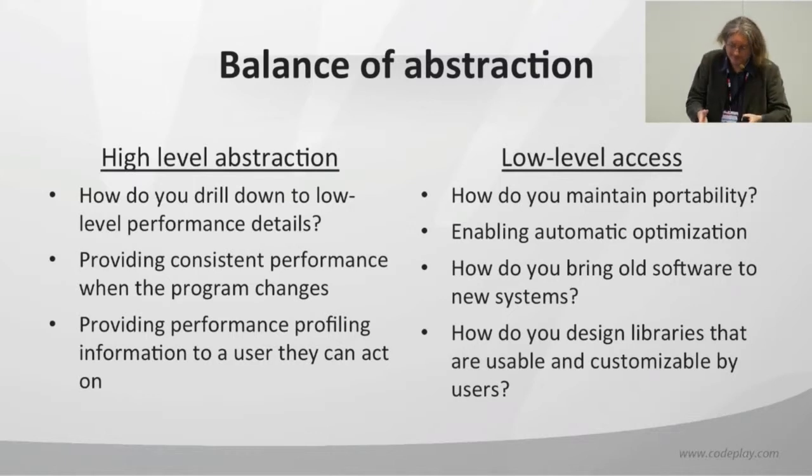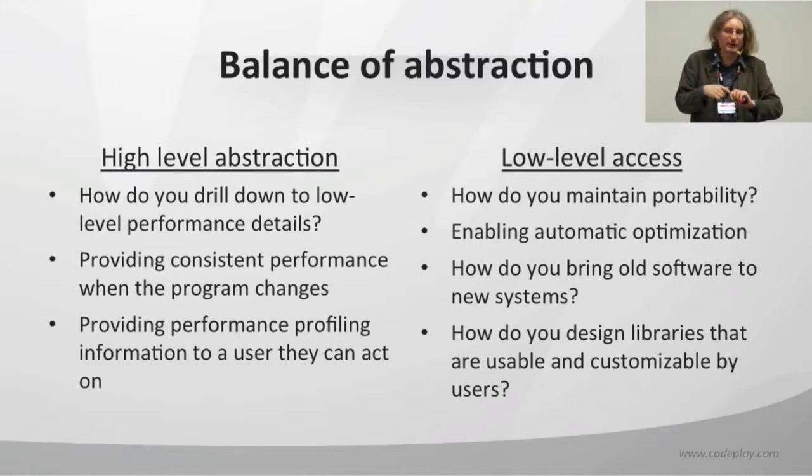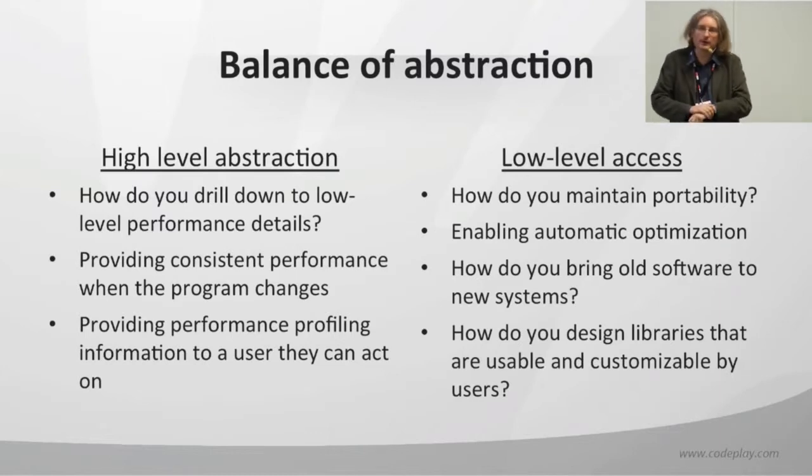But the problem with getting the compiler to do all of the optimization for you is what happens when someone has good performance and then there's a bug fix, a little tweak they have to make, a little change in the software, and suddenly their software runs 10 times slower. It's a massive problem for them, and they can't explain why it's happened. We've had a lot of problems as a company because you put in an optimization and think, gosh, this is really clever, it optimizes this example here.